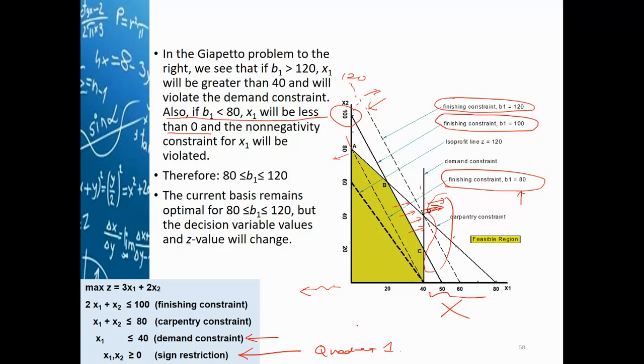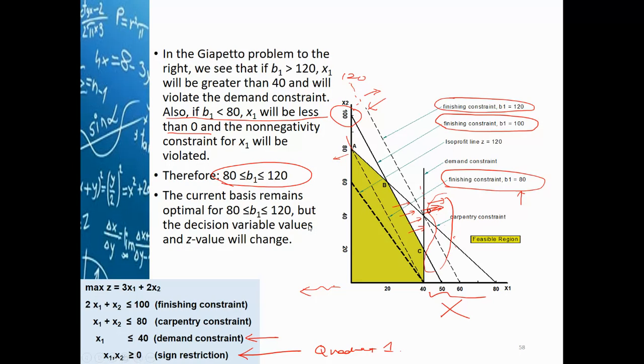That is why we state our flexibility of our values on the right hand side for the first constraint in between 80 to 120 over here. That makes sense, right?